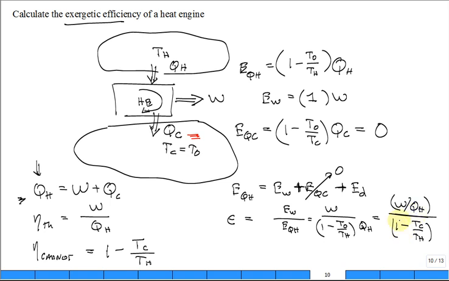So the exergetic efficiency is a ratio of the actual thermal efficiency divided by the Carnot thermal efficiency, is it not? Can you see that?